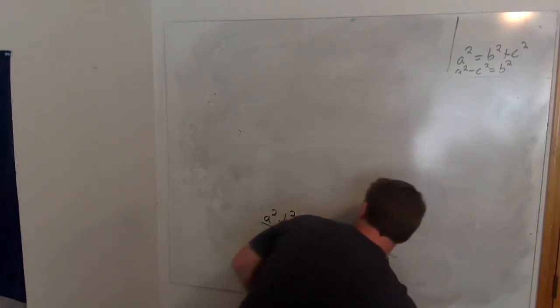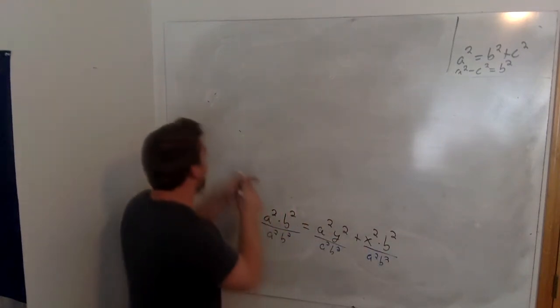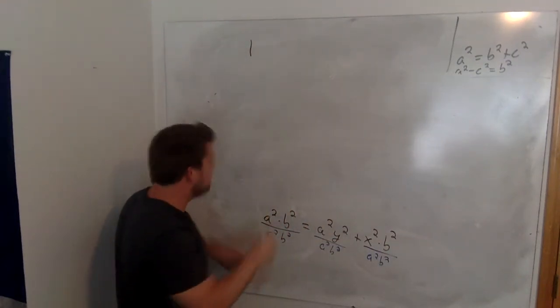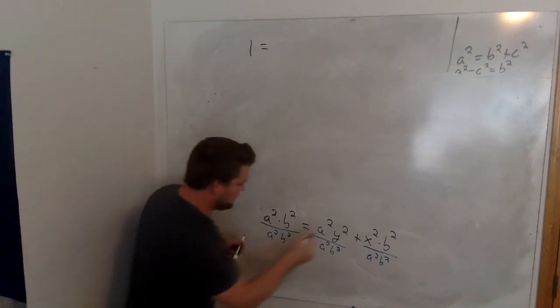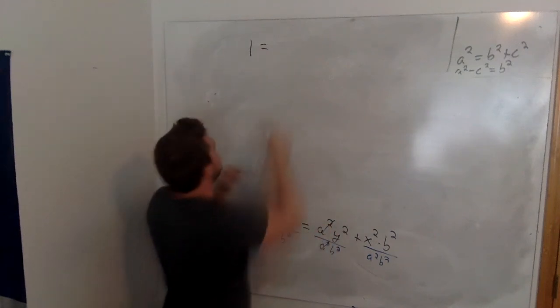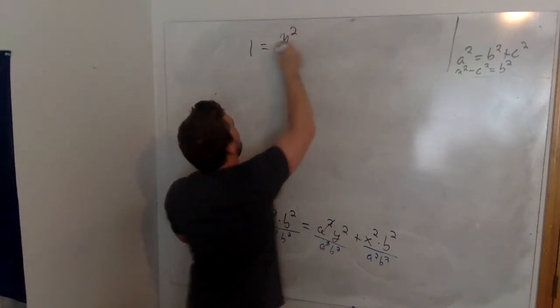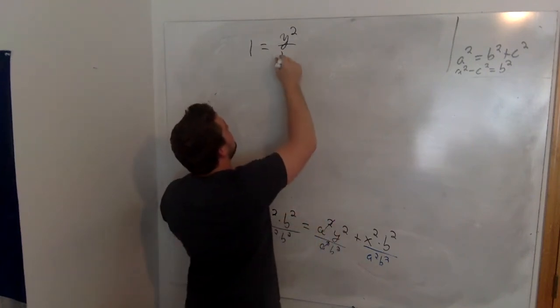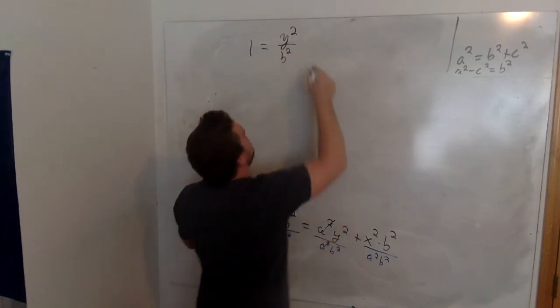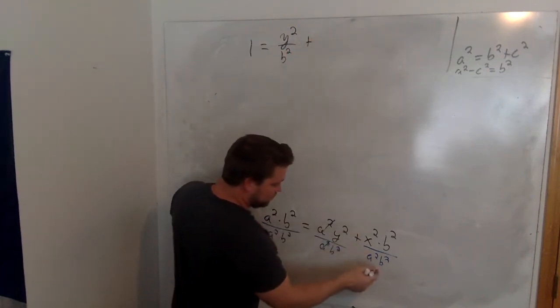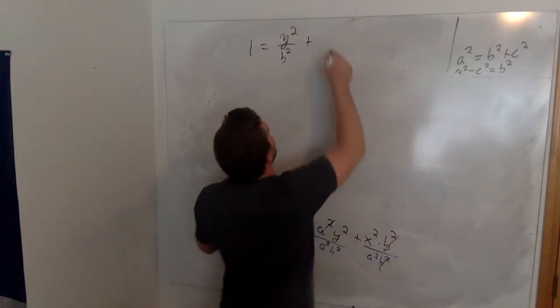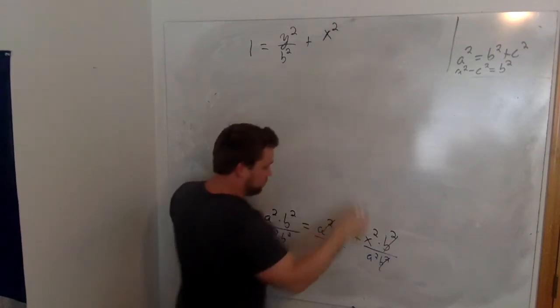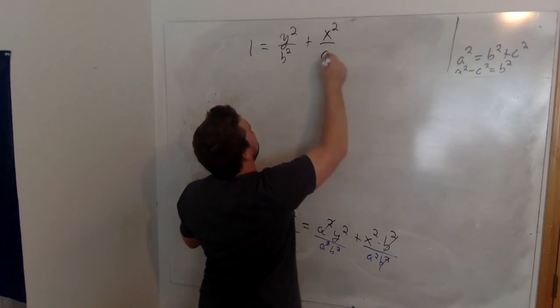Okay, so we have now that 1 is going to be equal to, well, the a squareds cancel, and we're left with y squared over b squared plus, these b squareds cancel, x squared over a squared.